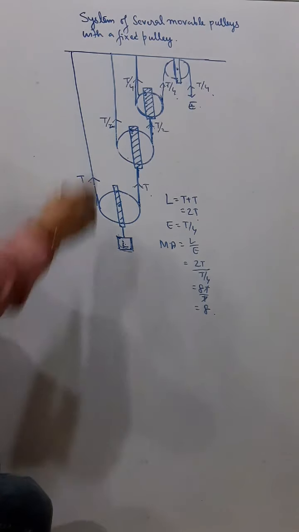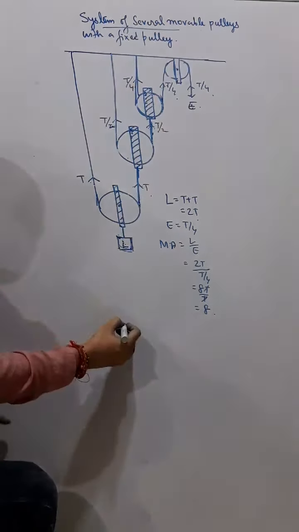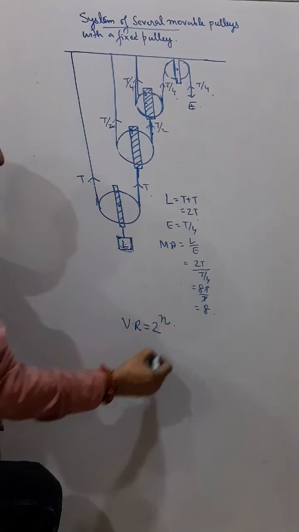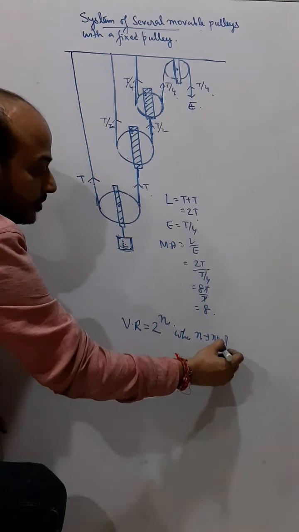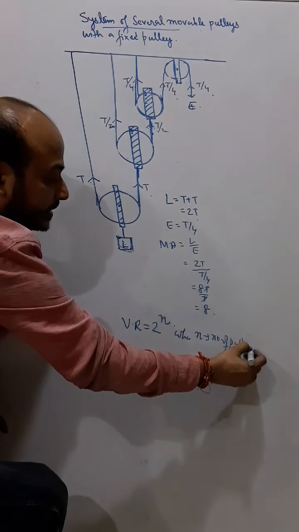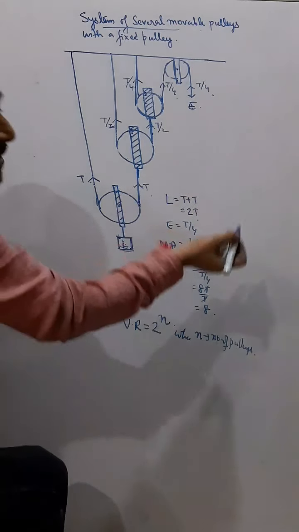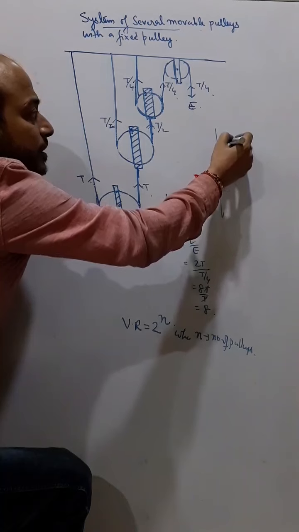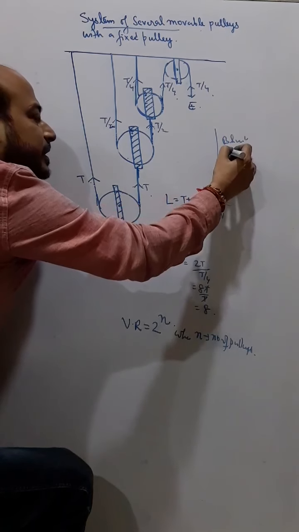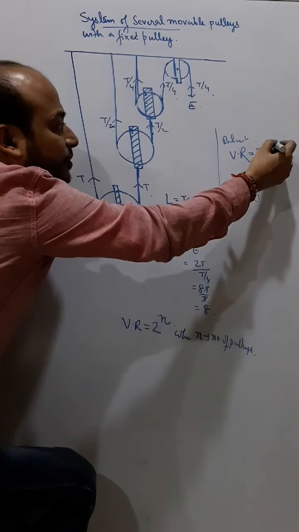Okay. Now in a system of several movable pulleys and a fixed pulley, you remember the velocity ratio is always equal to 2 to the power n, where n is the number of pulleys. In case of block and tackle system also, the velocity ratio is equal to the number of pulleys.